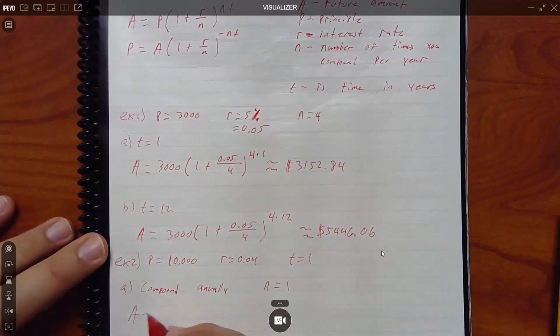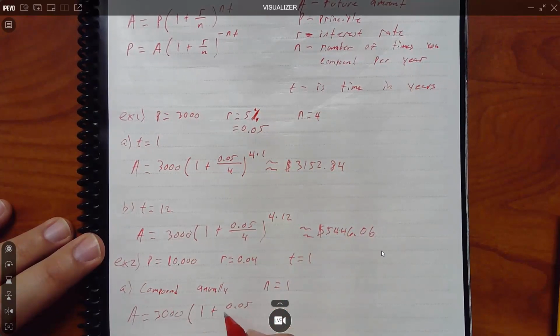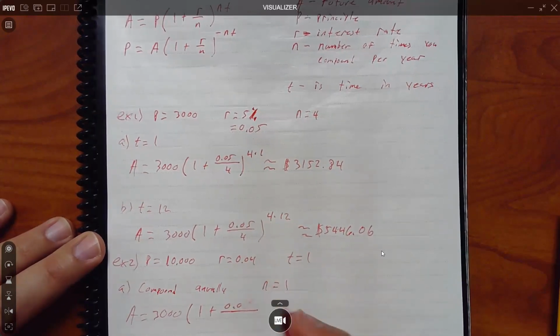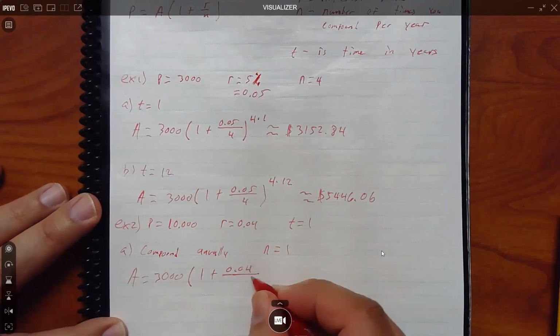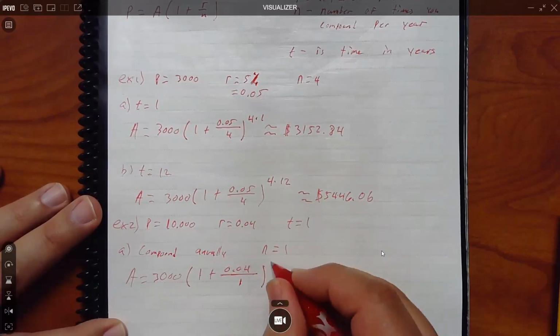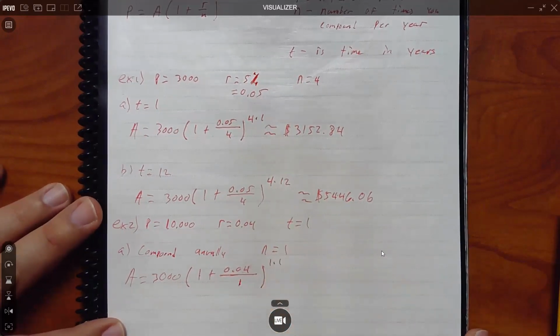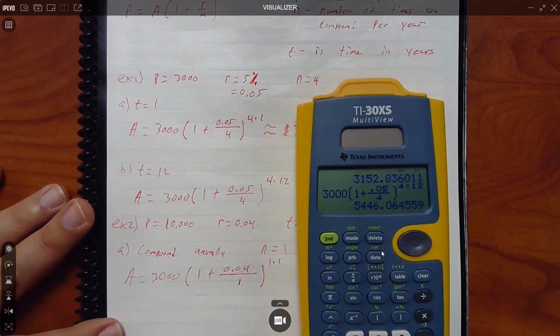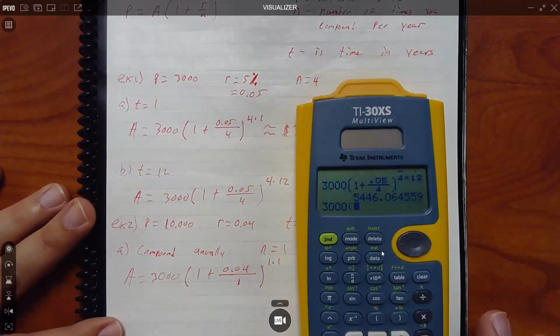So formula will be 3,000, over, it should be 0.04, not 5. Because it is 4%, so 0.04 divided by the compounding, which is 1, to the 1 times 1. So 3,000 to the 1 plus 0.04 divided by 1.